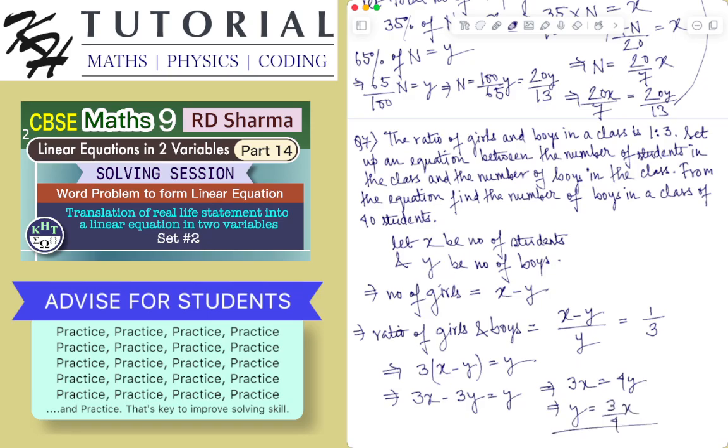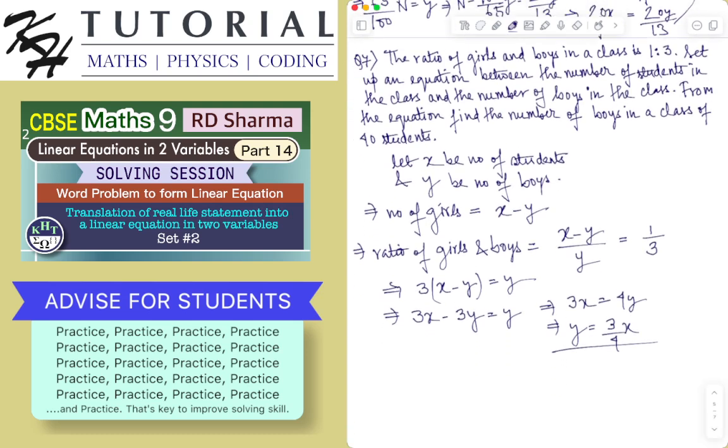So this is the linear equation between the variables x and y, where x we have assumed to be the number of students and y to be the number of boys. Now it has also asked, from the equation find the number of boys in a class of 40 students. The number of students was x, so basically it is asking to find the value of y when x is 40.